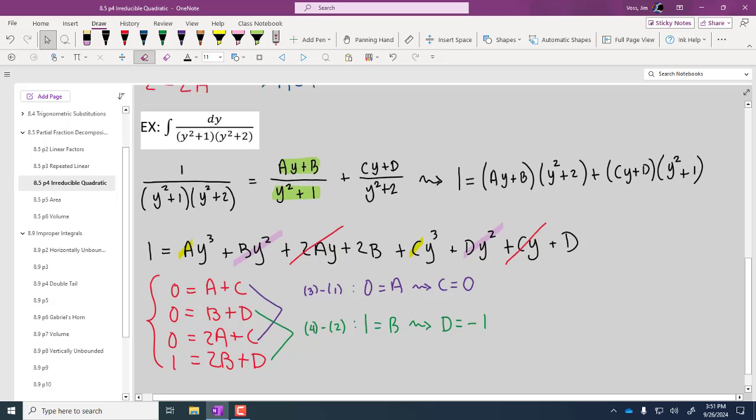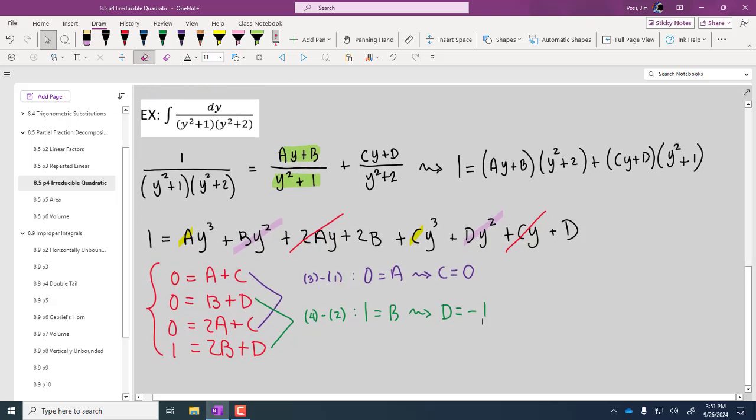So this will all equal the integral of, let's use different colors, ay plus b. So 0y plus 1. So 1 over y squared plus 1 dy.